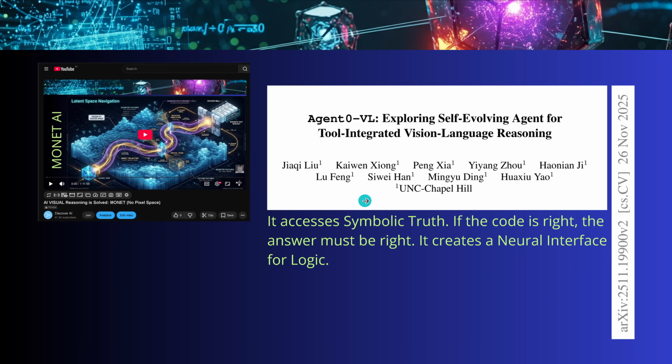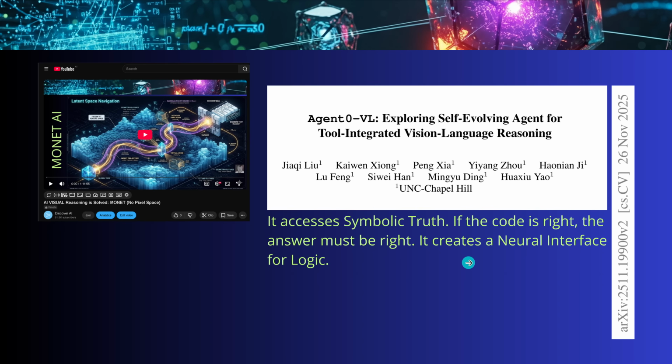Why is it so interesting? Because it has access to the symbolic truth, no? So if the code is right and you get the transfer, the mapping from the textual complexity to a code complexity, right, then you just send it off to a Python ecosystem and the answer is 99% correct because Python does code this in a correct way.